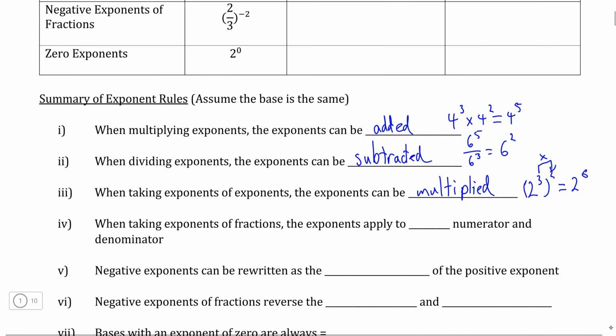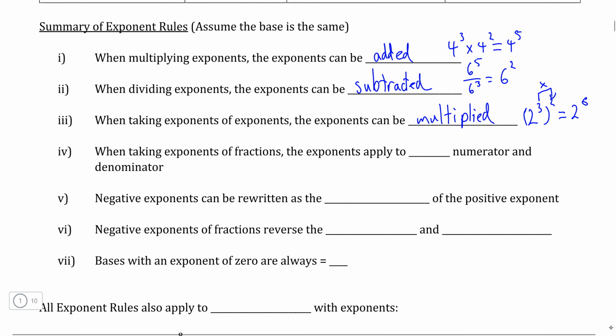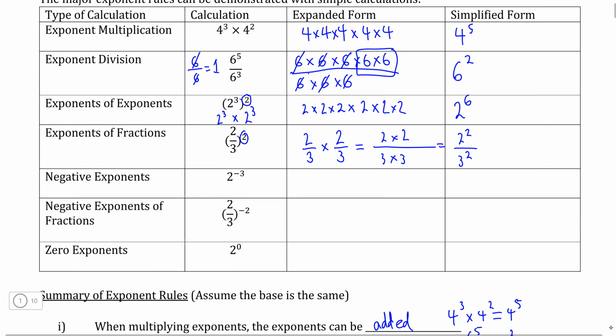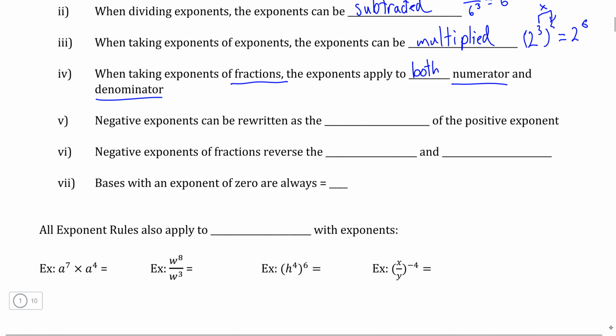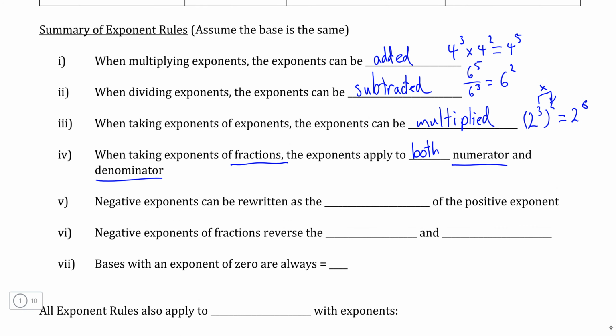So when a fraction is the base and you're doing exponents of a fraction, the exponent applies to both the numerator and the denominator. In other words, 2 over 3 squared can simply be written as 2 squared divided by 3 squared in order to make it easier to represent.